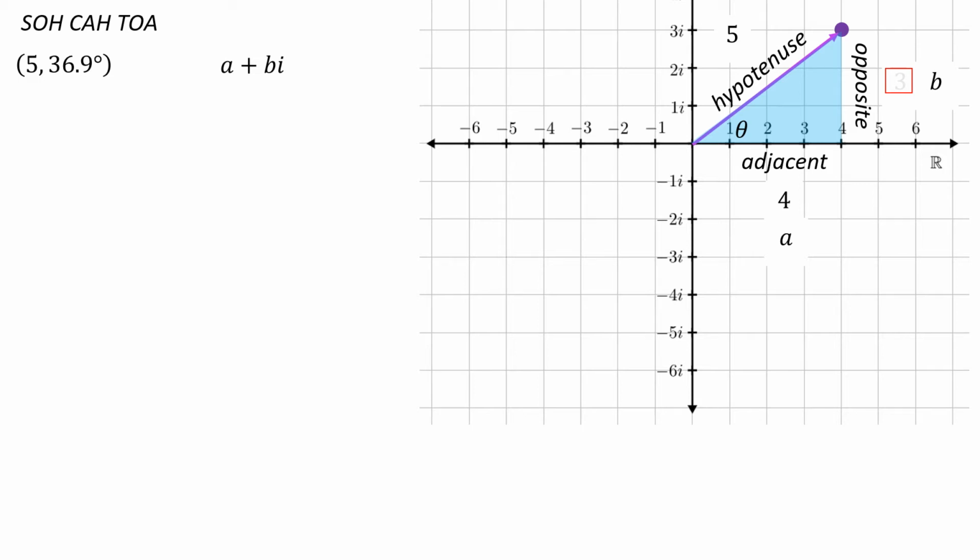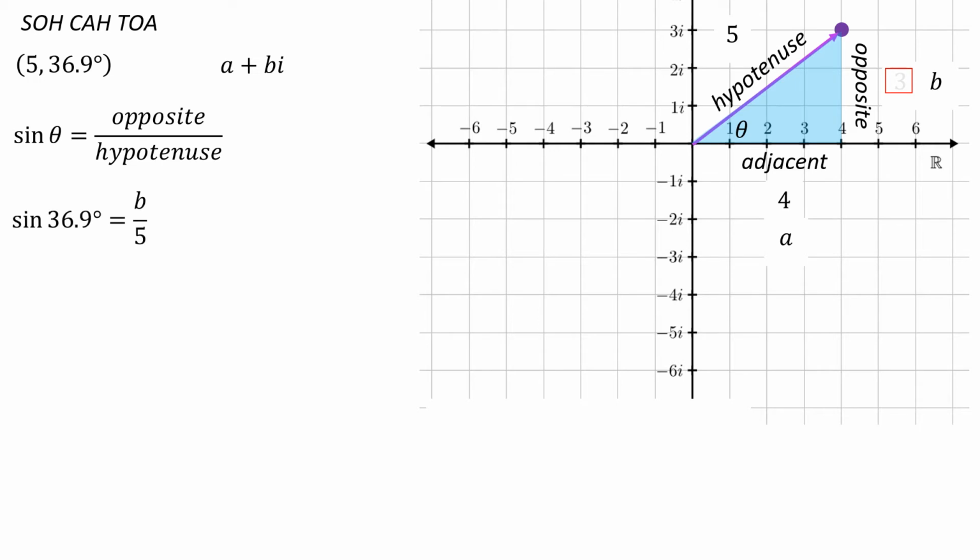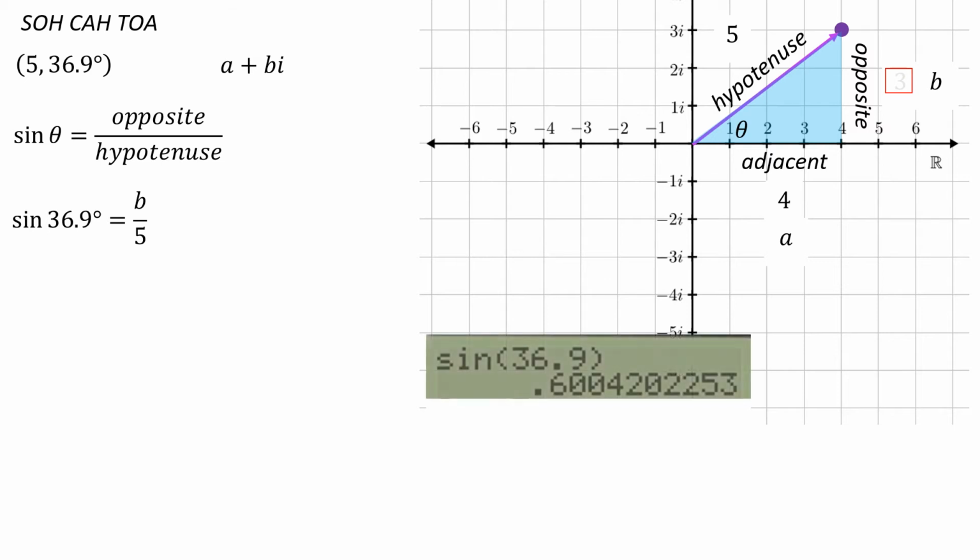The imaginary component. Okay, so now let's start working on the imaginary component. If I want to find the opposite side, I know that the sine of theta is opposite over hypotenuse. Again, make sure that we're in degrees.